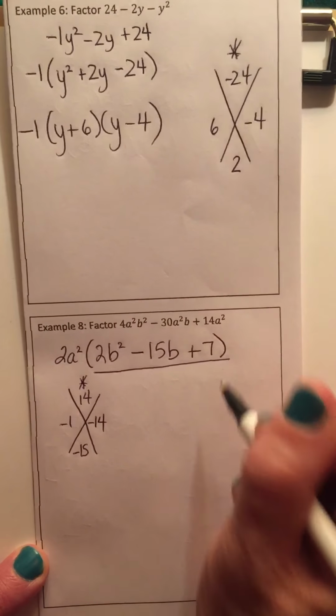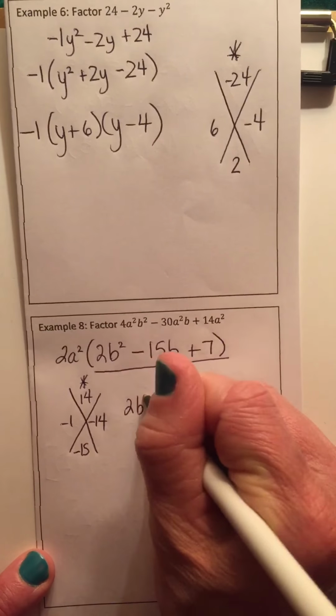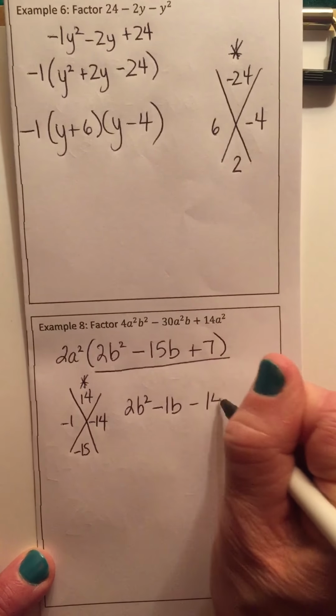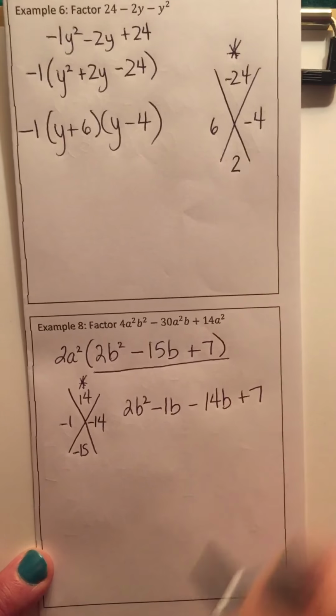Just dealing with the stuff on the inside, we're going to write 2b squared minus 1b minus 14b plus 7.